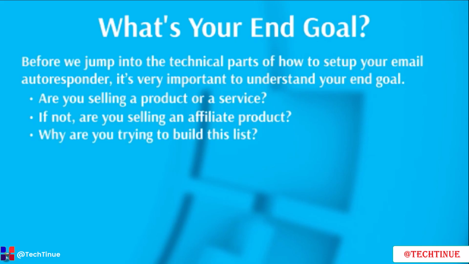And the reason why I ask you to write this down is because if you're selling your own product, you can do a few things like build a relationship, and there's a few more things that you could easily do, like brand yourself, provide more value, and there's a different way of doing it, basically. If you're selling an affiliate product, you could still build a brand, but you're selling somebody else's product, so you need to gear it in a certain way.